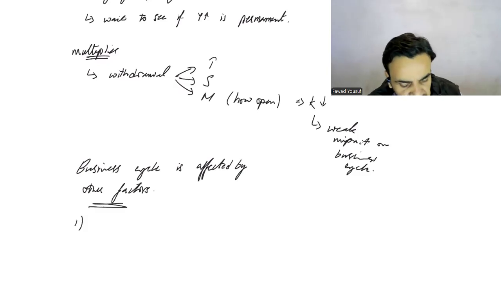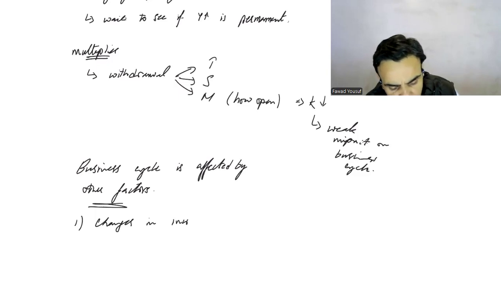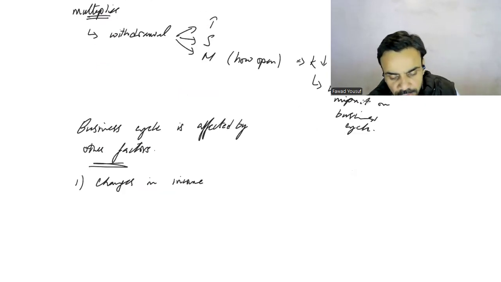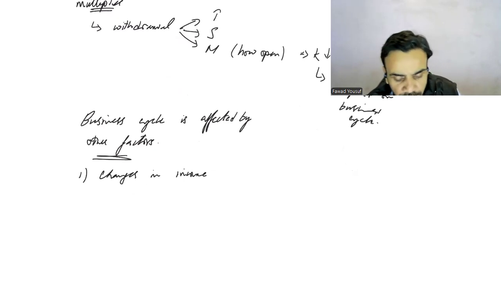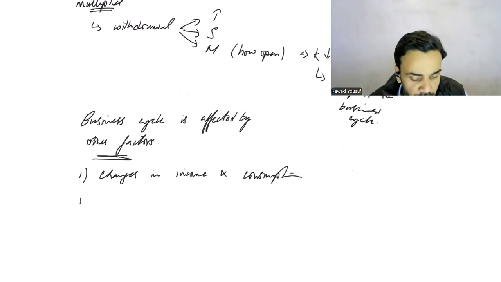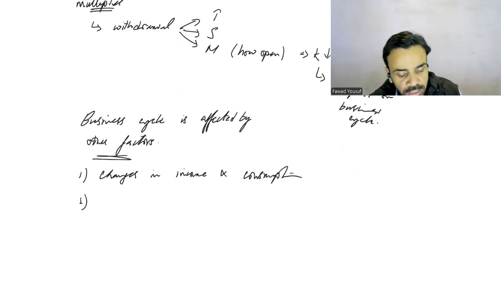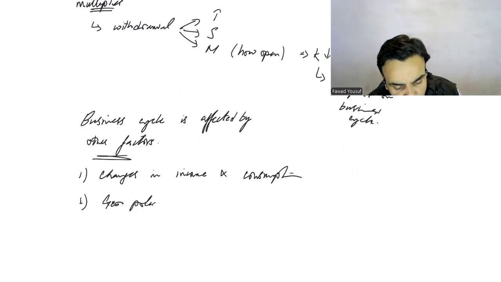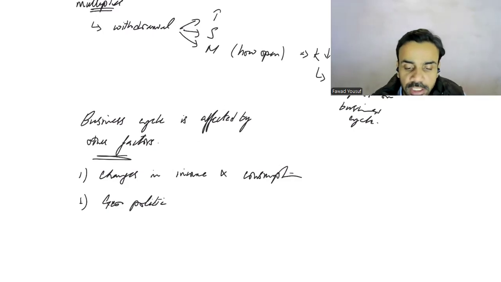उसके अंदर changes in income. Investment is not the only thing. It could be just changes in income and consumption of people. People's perception about what the future is like. Maybe they want to save more, spend less. Business cycle gets affected. You have the geopolitics, and we can see right now to sabse zyada geopolitics is dominating.